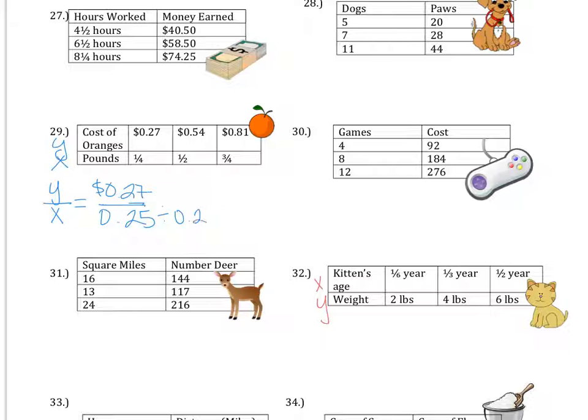Or you can get in the habit, again, of dividing numerator and denominator by our denominator. And we get that the unit cost for cost of oranges would be $1.08 for 1 pound of oranges. And that's not 1/116, that's a B.